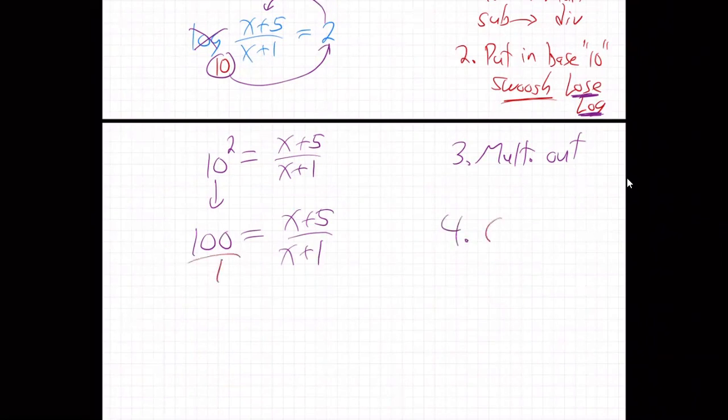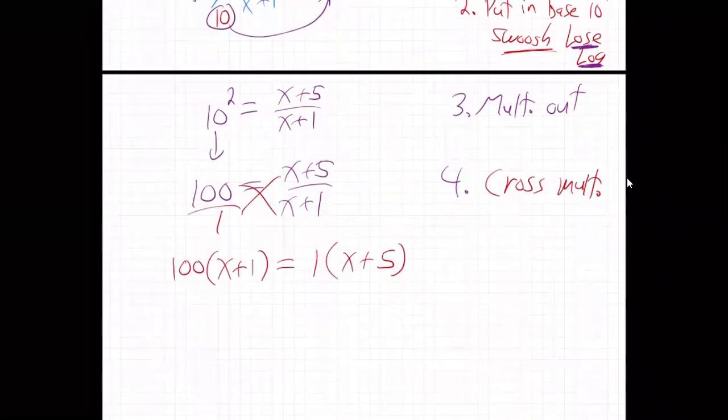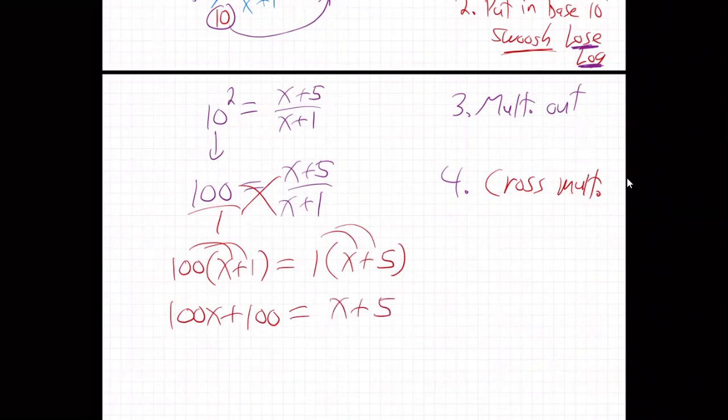You put this over 1 and you cross multiply. So I'm going to go diagonal, diagonal. So I'm going to get 100 times x plus 1 is 1 times x plus 5. Distribute: 100x plus 100 is x plus 5, like that.